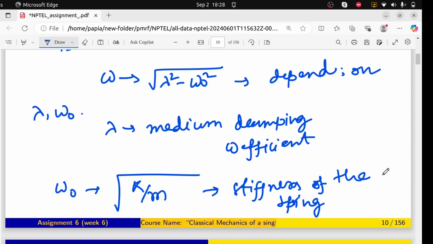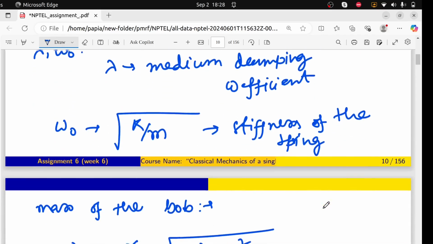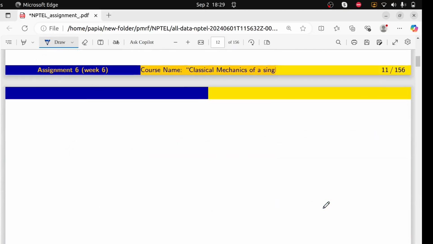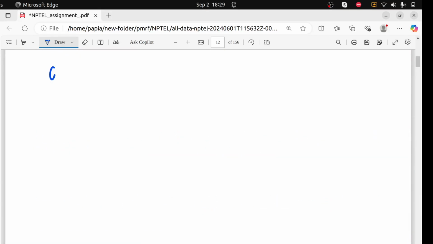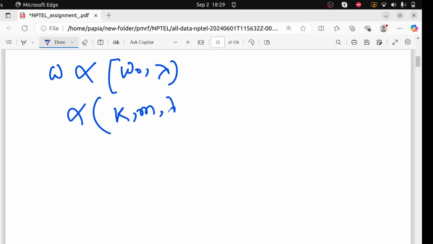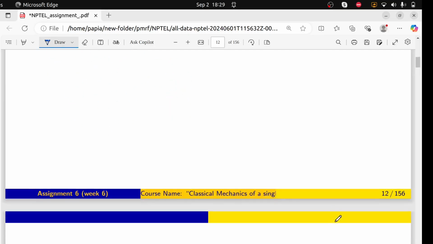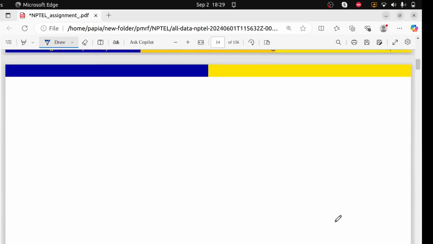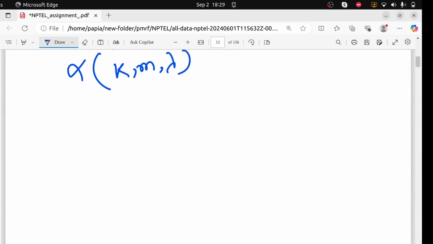So omega depends on lambda, k and m. Okay, so option number 4 will be the correct option. This is the case for the first question.